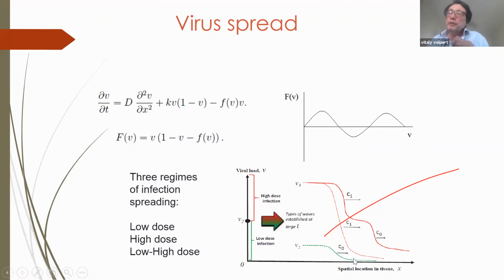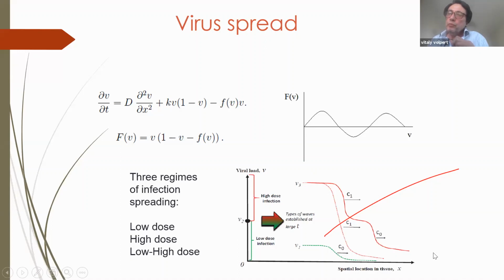In the first case, this green curve, this wave of viral infection propagates with some speed, and behind the wave we have this low level of infection. Another possibility is this red curve. Again, the infection wave propagates, and we have high infection concentration behind the wave.